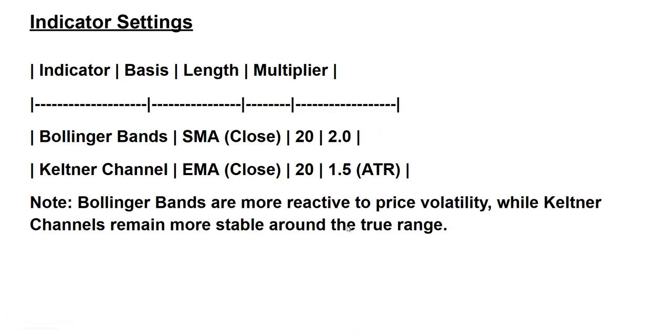Note down, Bollinger Bands are more reactive to price volatility, while the Keltner channel remains more stable around the true range. So we want one stable person and another who is volatile, a person who can stand stable. We need that, so that we will have guidance for our trade.